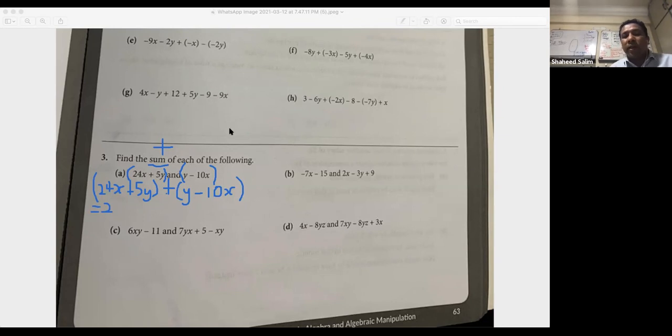Can you do question number 3A and 3B first? 3A and 3B first. Try. You can do this.